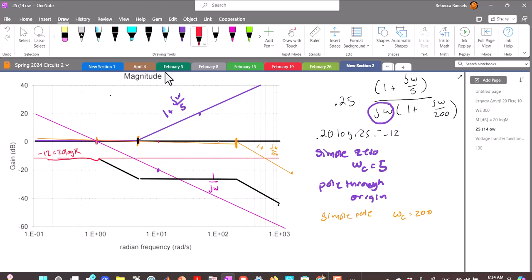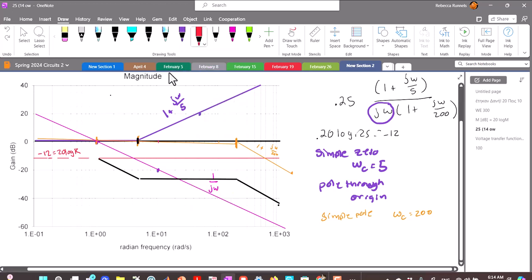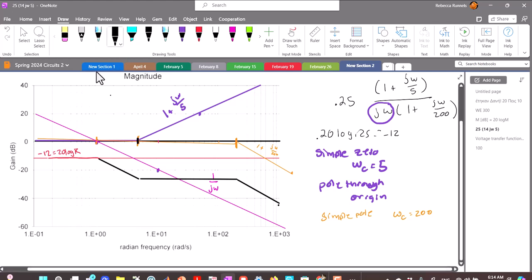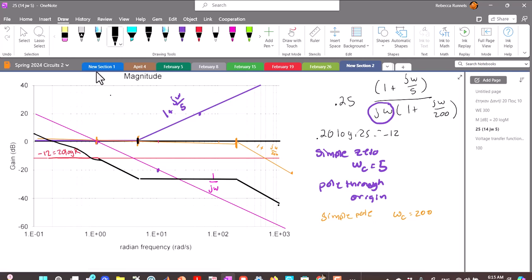I forgot that the simple zeros are not zero before 1. And so the Bode plot from 0 to 1 will be this slope of minus 20, but shifted down by 12. So you'll go down 12, so this is 20 minus 12, so that'd be at about 8. And then it connects there.